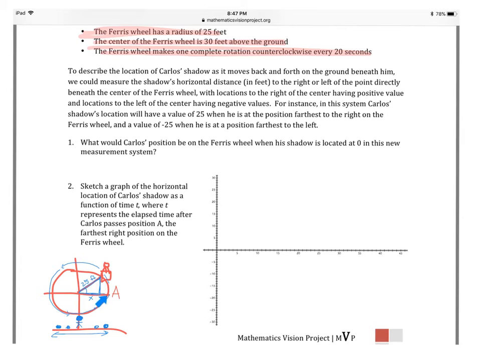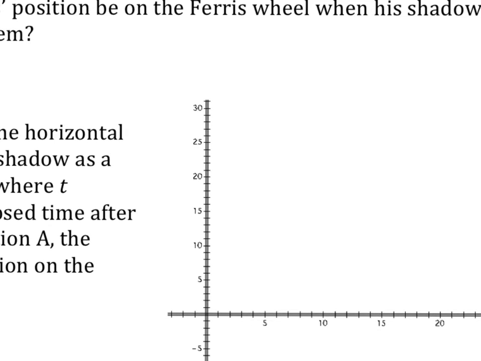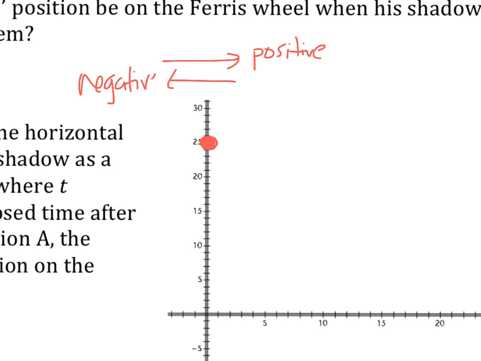When he is sitting right here, his shadow is going to be at the maximum distance, so it's going to be 25 feet away. So I can put a spot right here on 25 feet at 0, because that's how far he is away at 0. Positive, because remember they said positive was to the right, and negative was to the left. So it's going to be a positive 25.